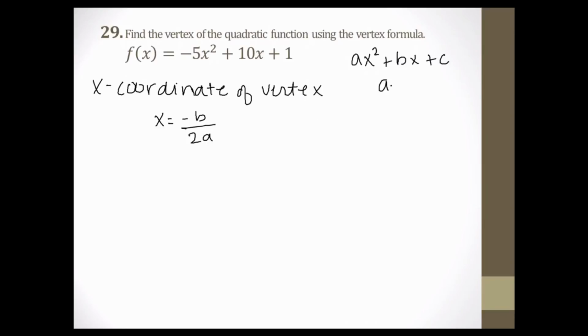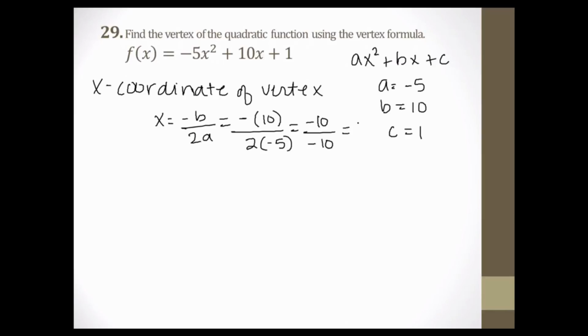So a equals negative 5, b equals 10, and c equals 1. But we really only need a and b for this. So that's negative b, which is 10, divided by 2 times negative 5. So that's going to be negative 10 divided by negative 10, which equals 1.